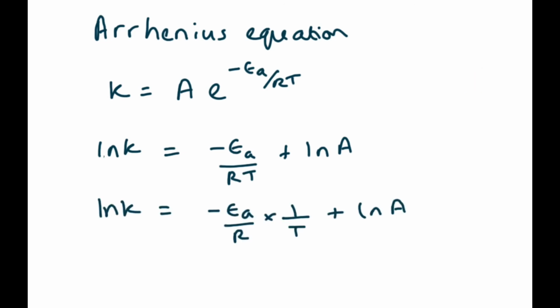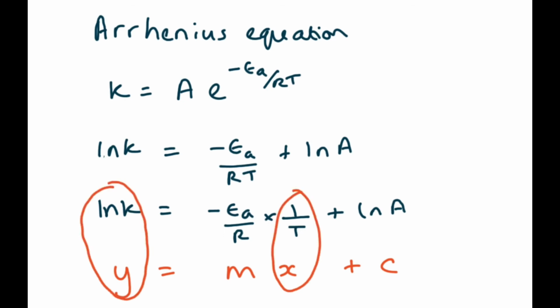If we look at the ln k, which is actually the most useful here to use, if we just slightly pull away the 1 over temperature, can you see the relationship with a straight line, y equals mx plus c?